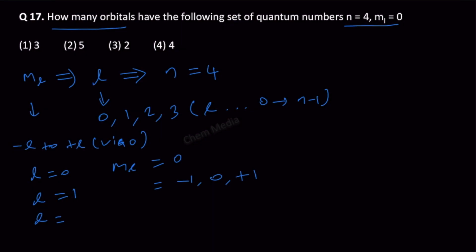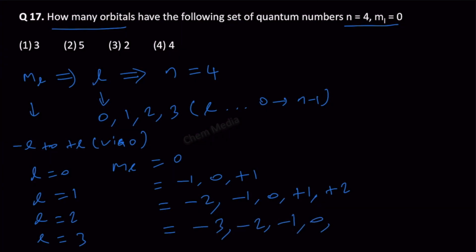When L equal to 2, ml values will be minus 2, minus 1, 0, plus 1, plus 2. When L equal to 3, ml values will be minus 3, minus 2, minus 1, 0, plus 1, plus 2, plus 3. So in each case we have a 0.